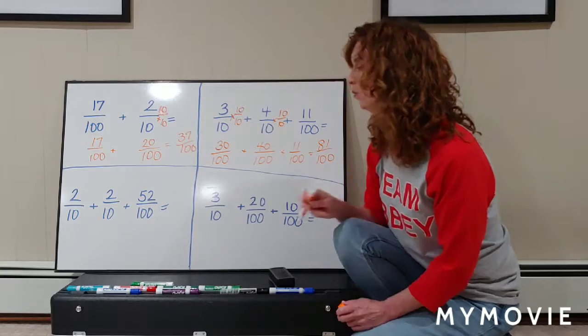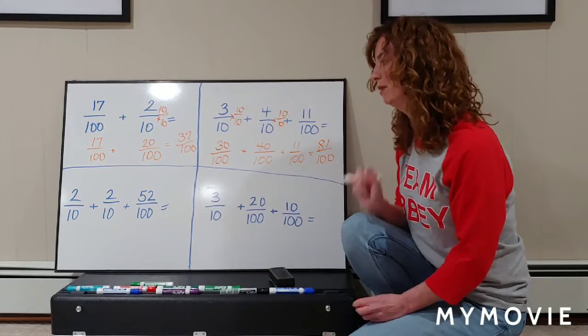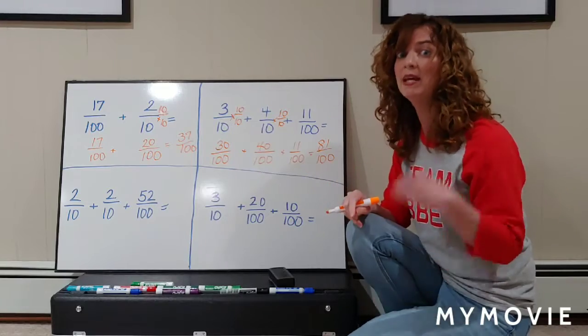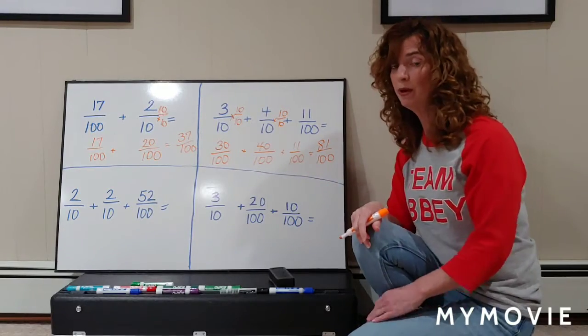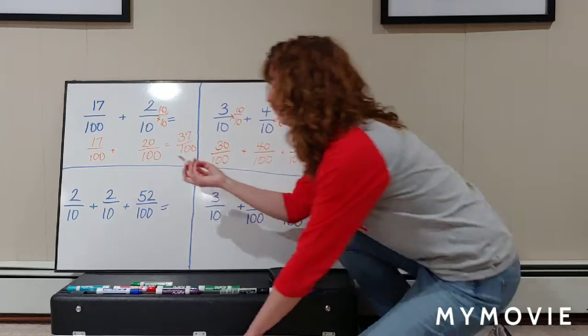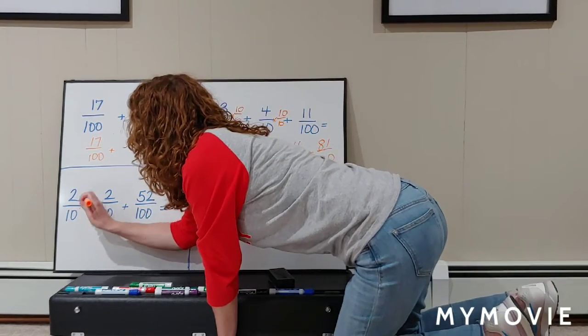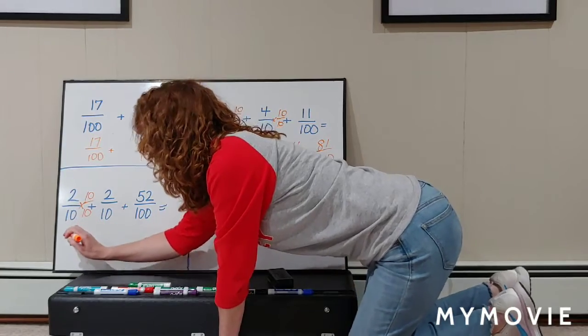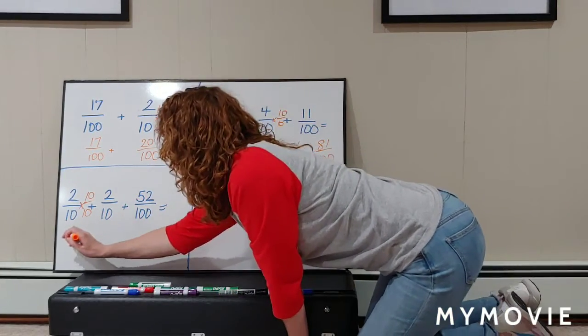All right, down here we have 2 tenths plus 2 tenths plus 52 hundredths. So we need to get those tenths to be hundredths. So we're going to multiply by 10. Two times 10 is 20.